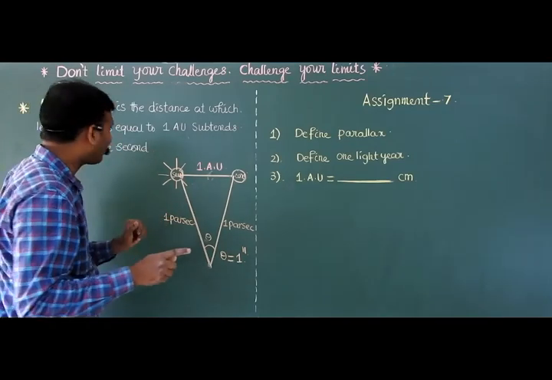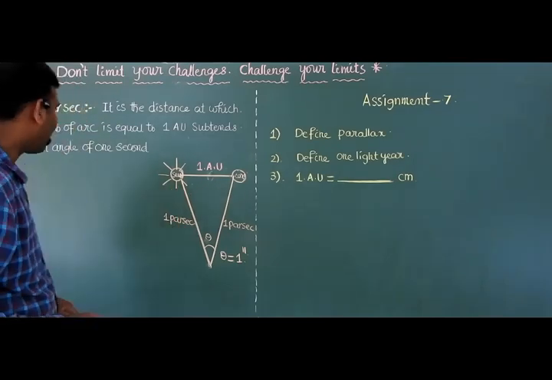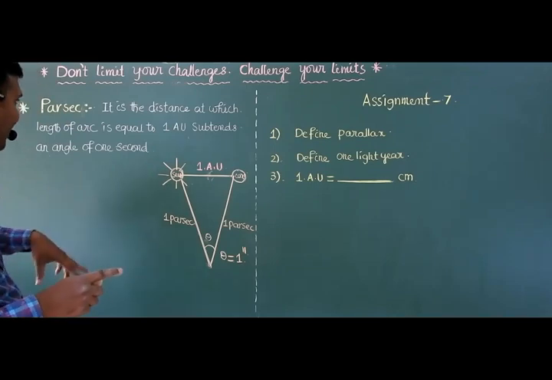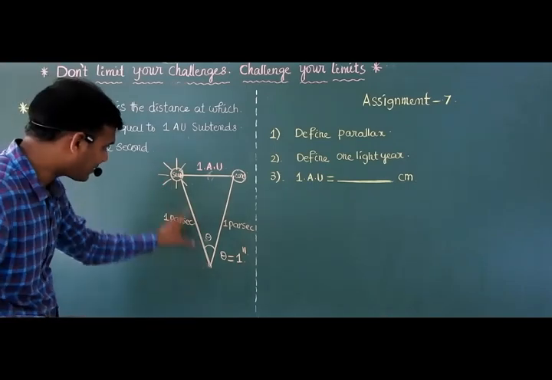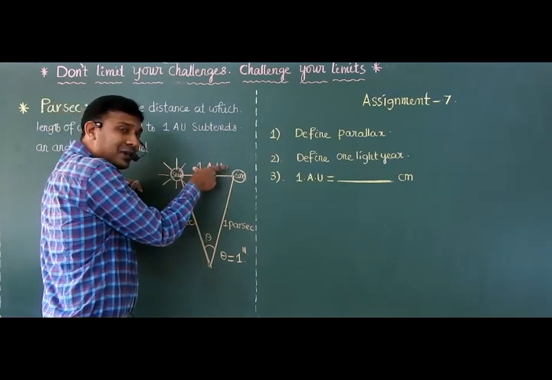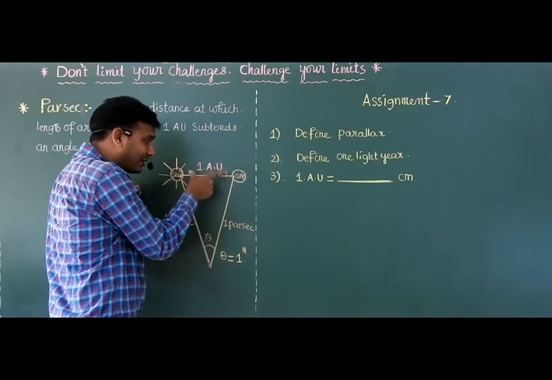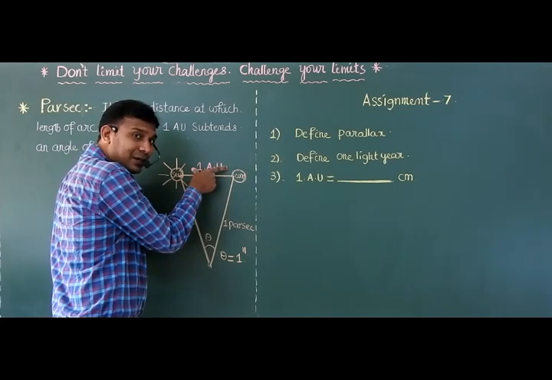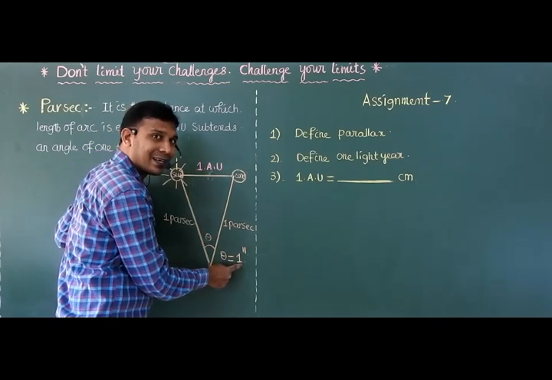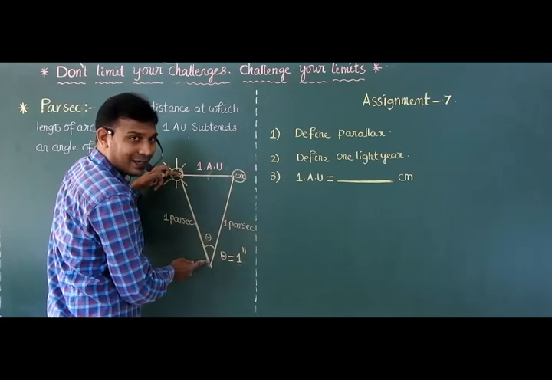Clear? Still not following? Listen carefully. Parsec is the distance at which the length of an arc must be 1 astronomical unit, and it subtends an angle of 1 arc second. Then this distance is known as a parsec.